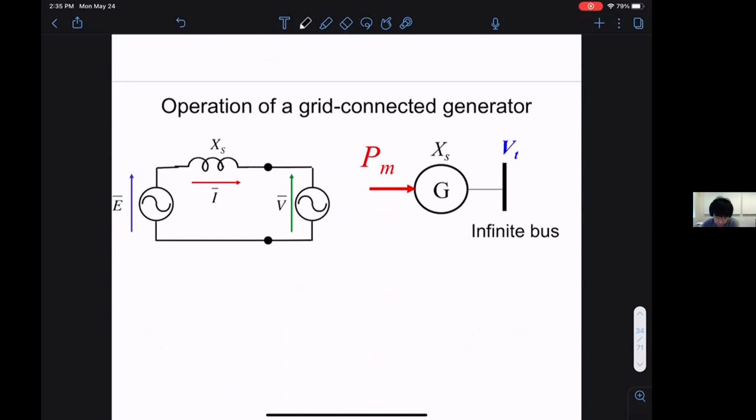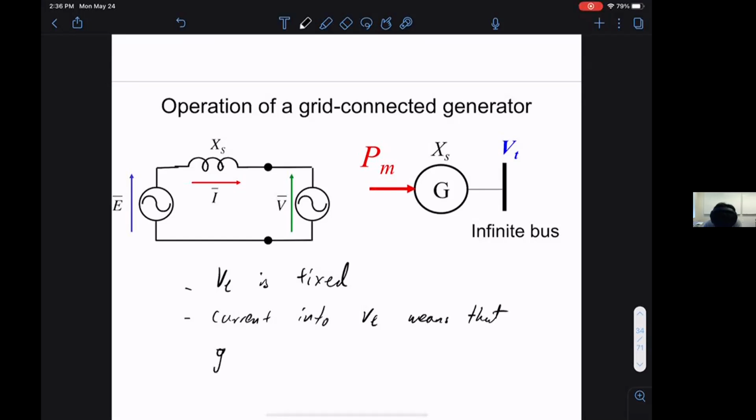So when we come to think of the operation of the generator, the infinite bus can be seen as a fixed voltage. So Vt is fixed. And then current out of Vt means that the generator is sending power into the grid.